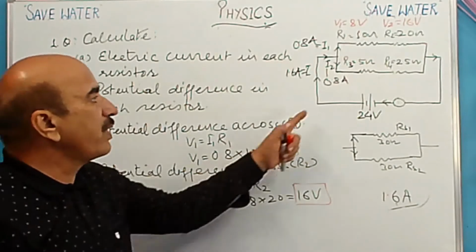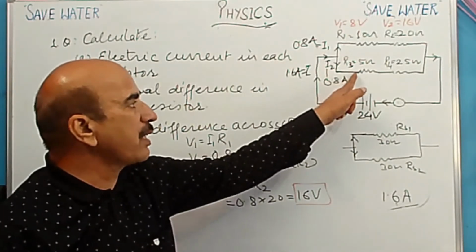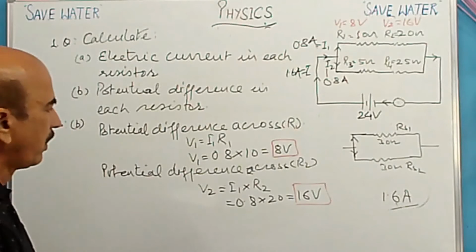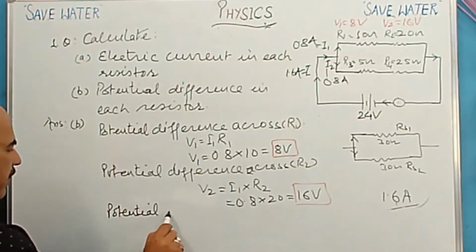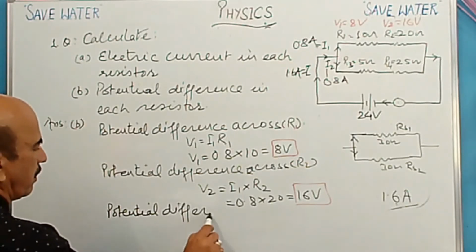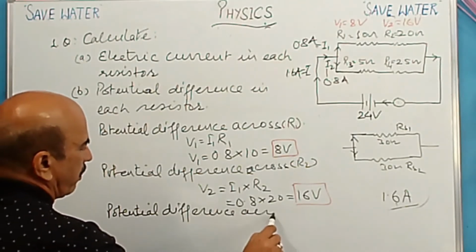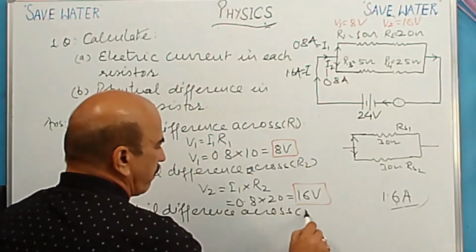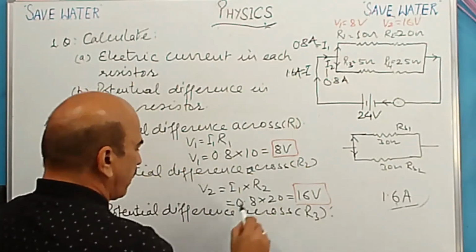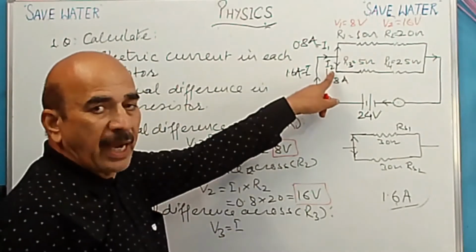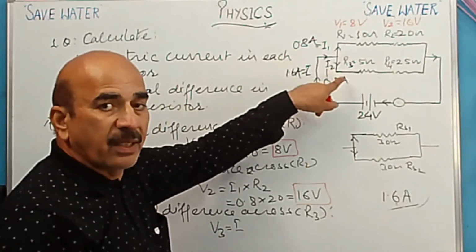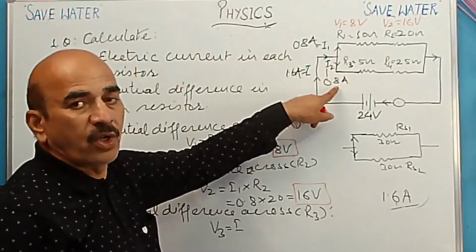Now the same way we can find out the potential difference across R3 and R4 also. So now note down, let's move ahead. The potential difference across R3, V3, and here the current is I2, because the current going through this is I2, which is 0.8.